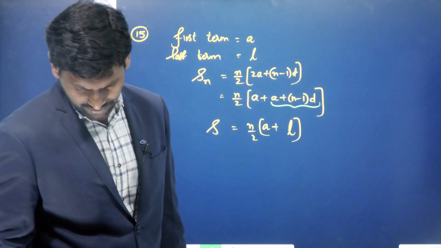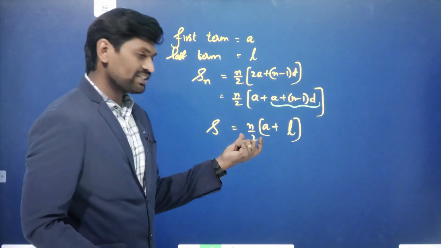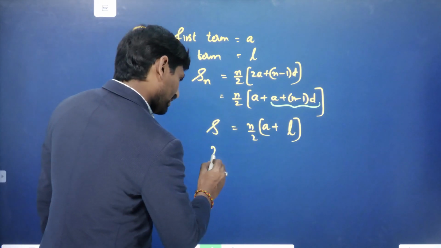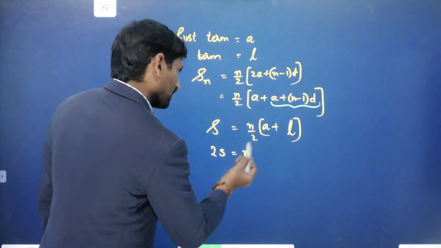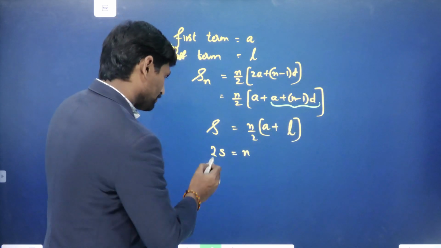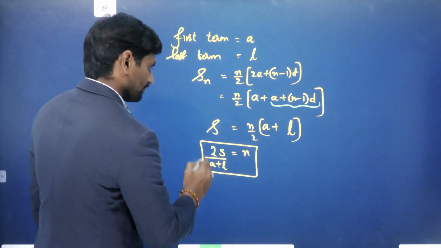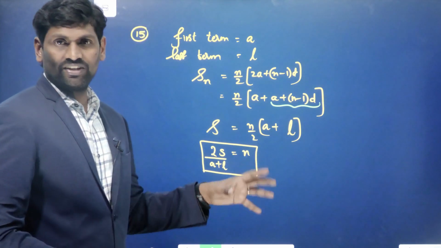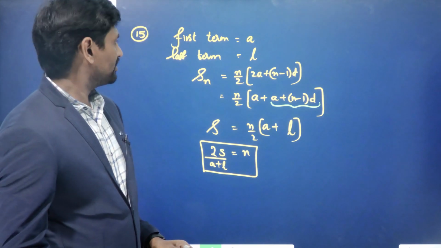Next, common difference we should find. Now here 2 is dividing, when you transpose it becomes multiply, so 2S is equal to n into a plus l. So a plus l is multiplying, when you transpose it divides, and from this we get the n value. But what we have to find? Common difference.